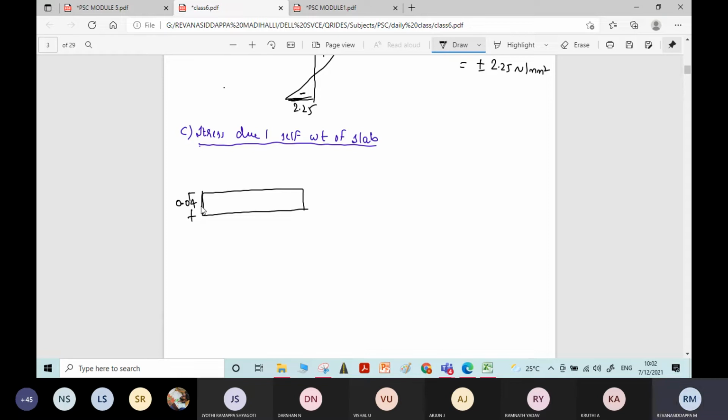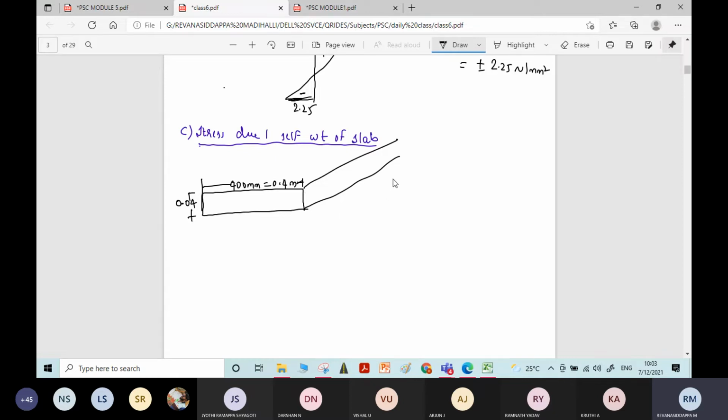Okay, 0.04 is the thickness, and the width of the slab is given. Sorry, it is 0.4 for 400 mm, correct? 400 mm is equal to 0.4 meter width of the slab. Okay, and it is running over some 5 meter length, the same slab.